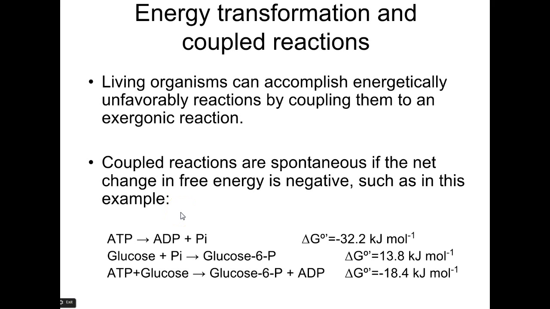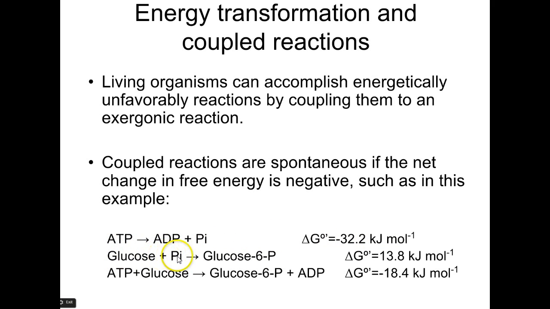Now, let me show you what I mean by this. We have a reaction here which occurs and releases delta G is minus 32. So when ATP is hydrolyzed, there's a release of energy. Okay?